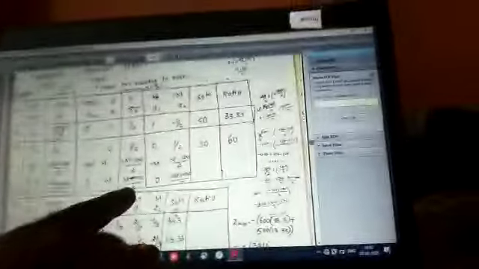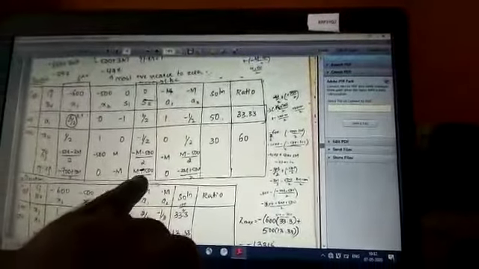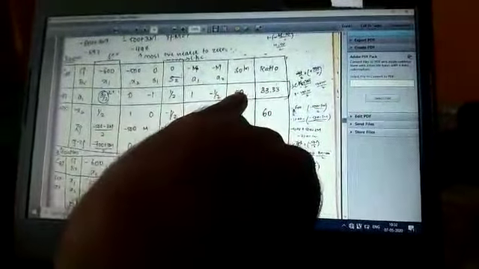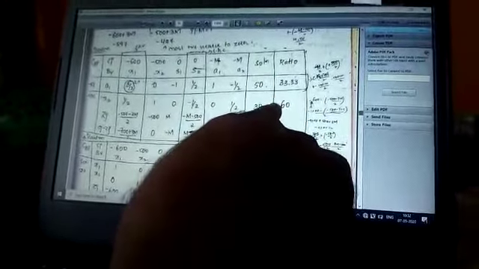Once you get Cj minus Zj, you are supposed to select the most positive value. In this case it will be this one. Then go for calculating the ratio, 50 divided by 1 by 2, you are supposed to get 33.33, and 30 divided by minus 1 by 2, which should be negative.